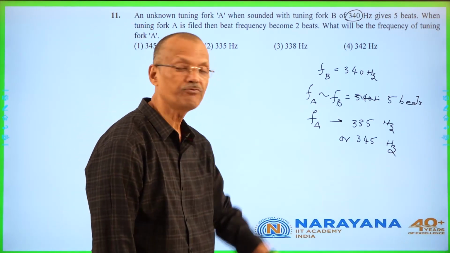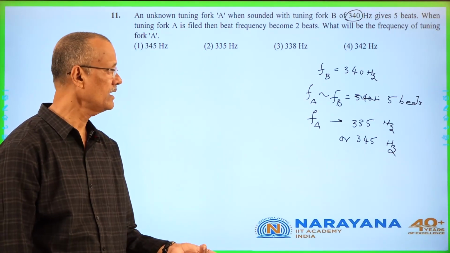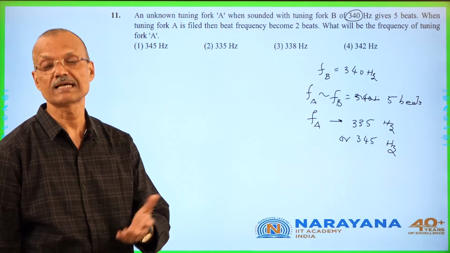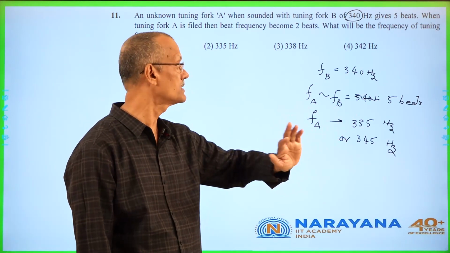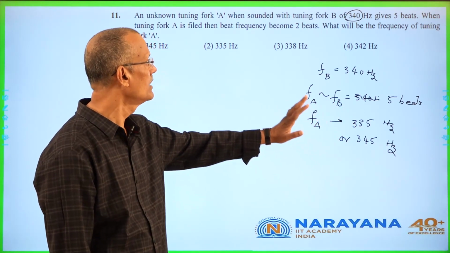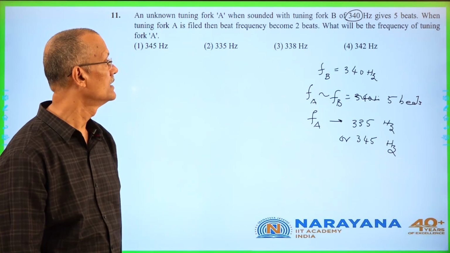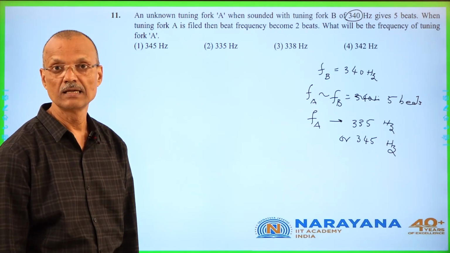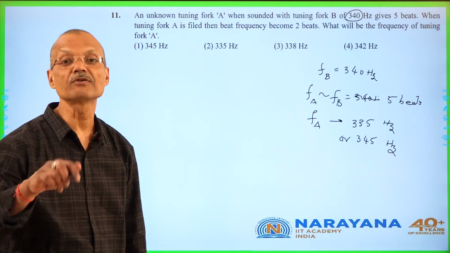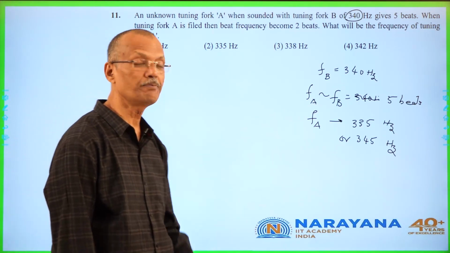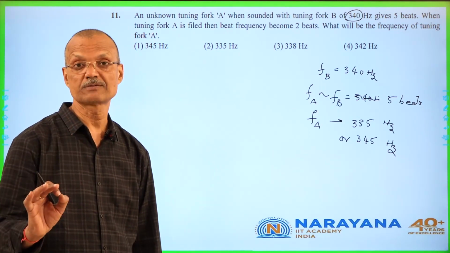If I take 345 and I am filing A, it will become 347, 348, then the number of beats heard per second should be more than 5. But here what they say is it is only 2 beats. If I take 335, it means that after filing, its frequency becomes 338, so that we get 2 beats per second.